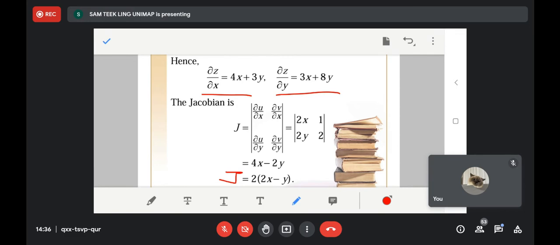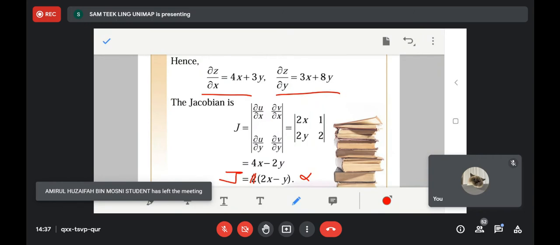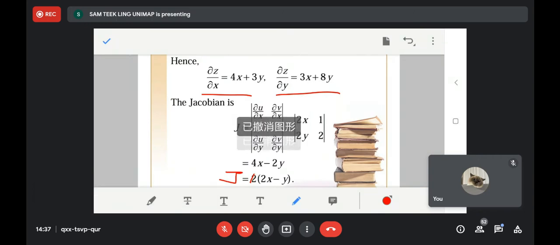Then from here, this one becomes not J equal. It's not the same. Don't remove the 2. Don't remove the 2. Because both sides must be the same.